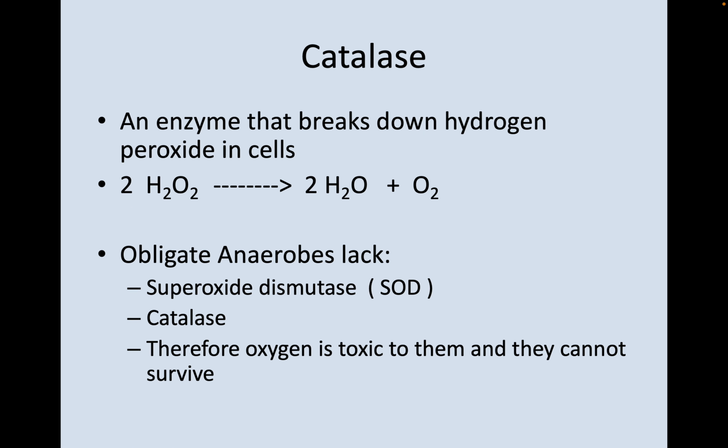So how does this happen? Well, we have an enzyme called catalase that breaks down hydrogen peroxide in your cells. And the chemical equation is this: 2 molecules of hydrogen peroxide break down to yield 2 molecules of water and 2 oxygen gas.